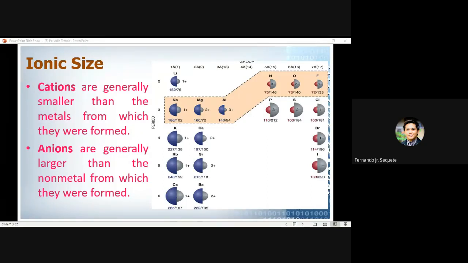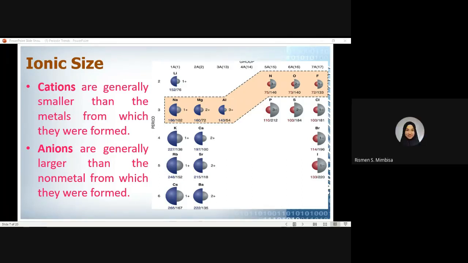As the number gets higher in anions, the size also gets larger. So between Cl and Cl-, the larger ionic size is Cl-. Between Cl2- and Cl3-, the larger ionic size is Cl3-. Understood?